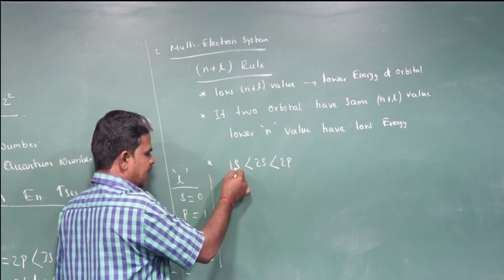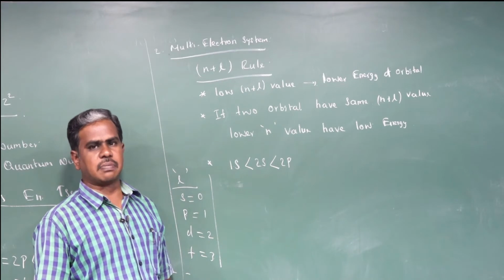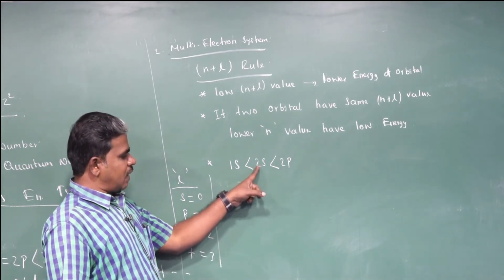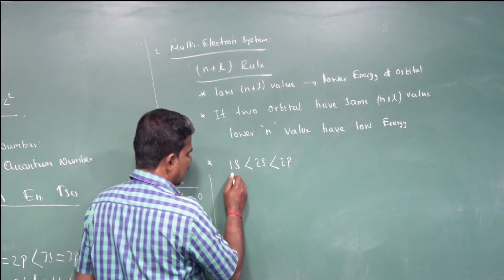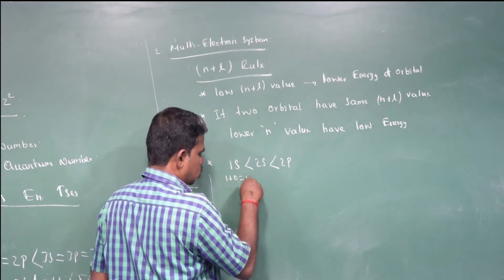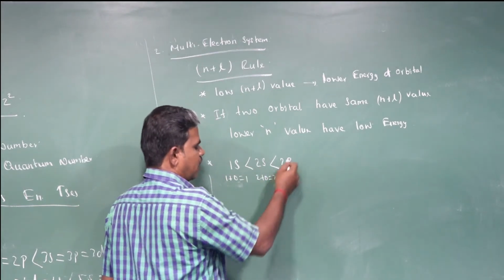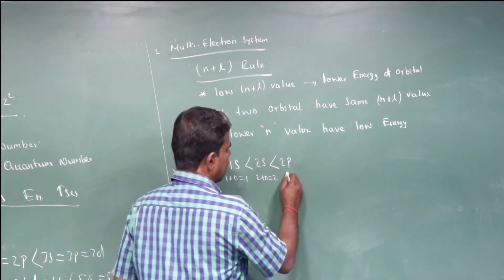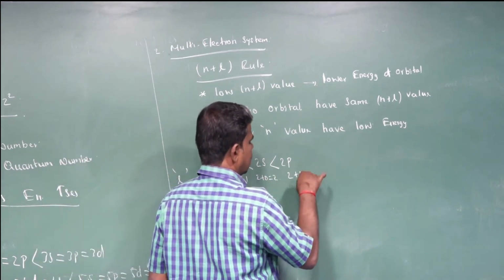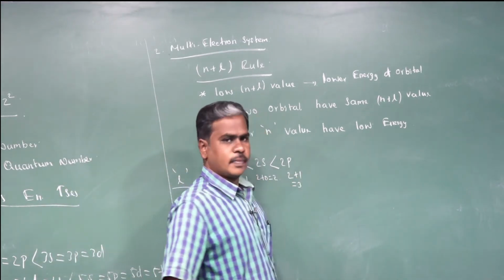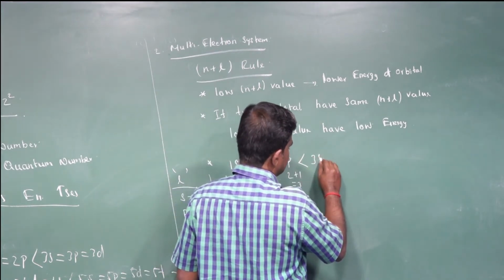For 1s, 1 plus 0, so the n plus l value is 1. For 2s, 2 plus 0, so it is 2. For 2p, 2 plus 1, so it is 3. And then we take 3s.